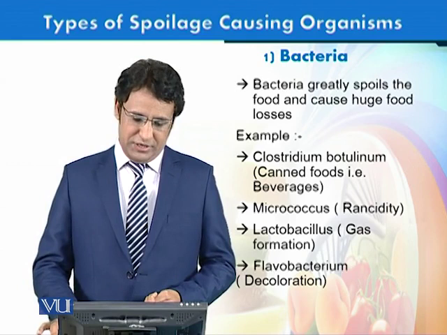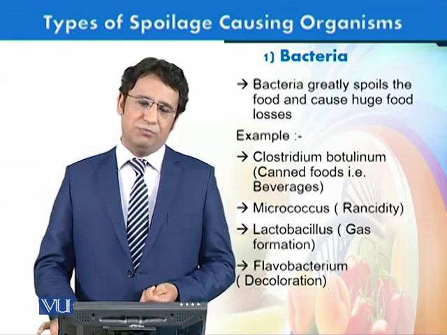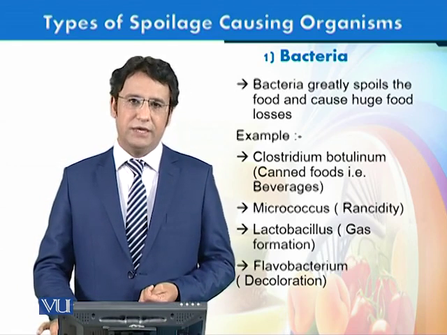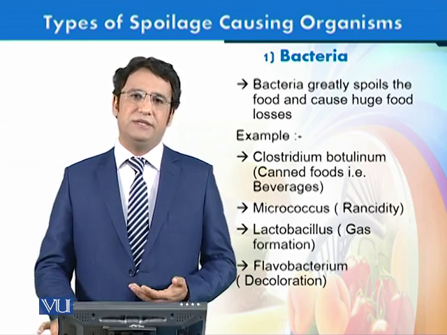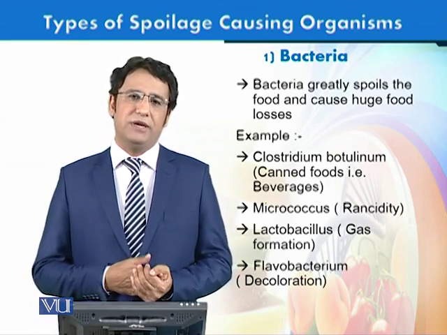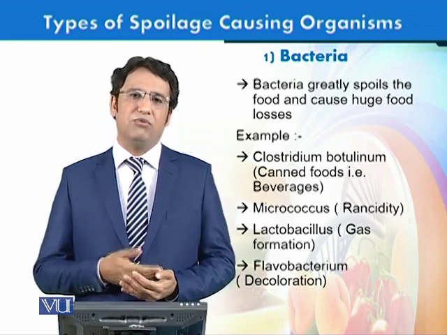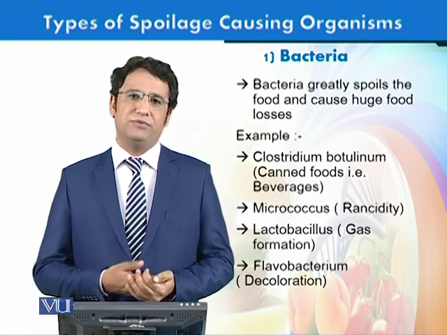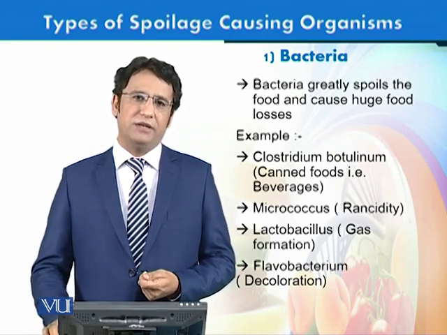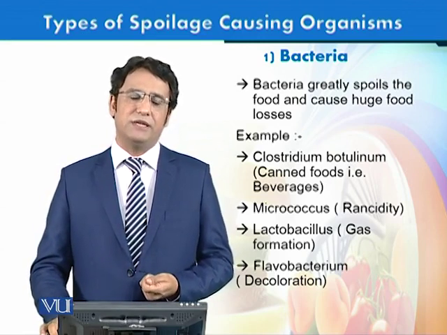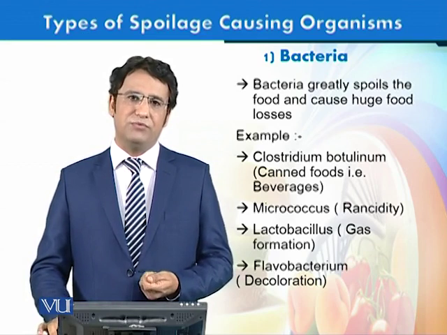Some of the other groups of bacteria are Micrococcus. They cause rancidity in food. By rancidity, we mean the deteriorative process that involves the breakdown of lipids, and that results in off flavors and undesirable end products that would affect the quality of food.